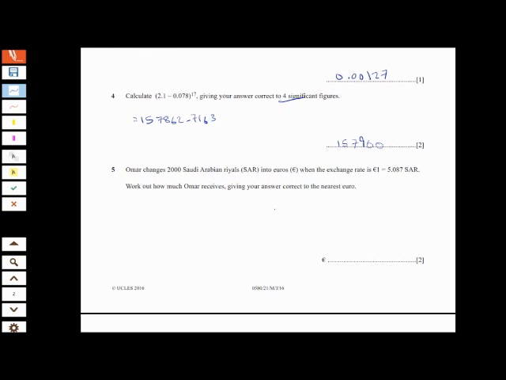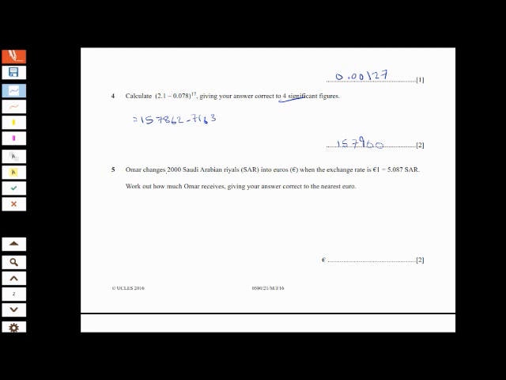So question 5. Omar changes 2,000 Saudi Arabian Riyals, SAR, into euros when the exchange rate is 1 euro to 5.087 SAR. Work out how much Omar receives, giving your answer correct to the nearest euro.